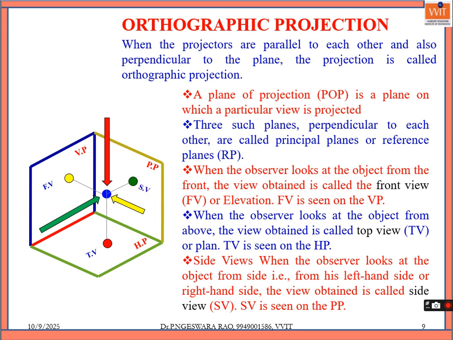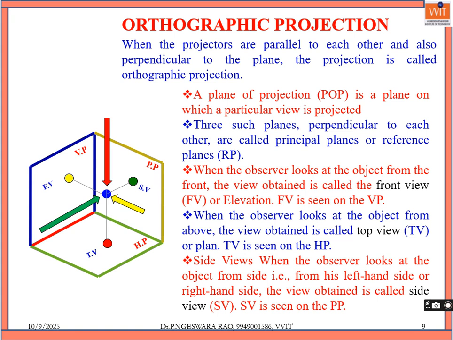So till now we discussed the front view, top view, and left side view or right side view. Simply, four views completed. Like this, when you see the same object from the rear, and similarly from the bottom, we can get images when we see the object in different directions.